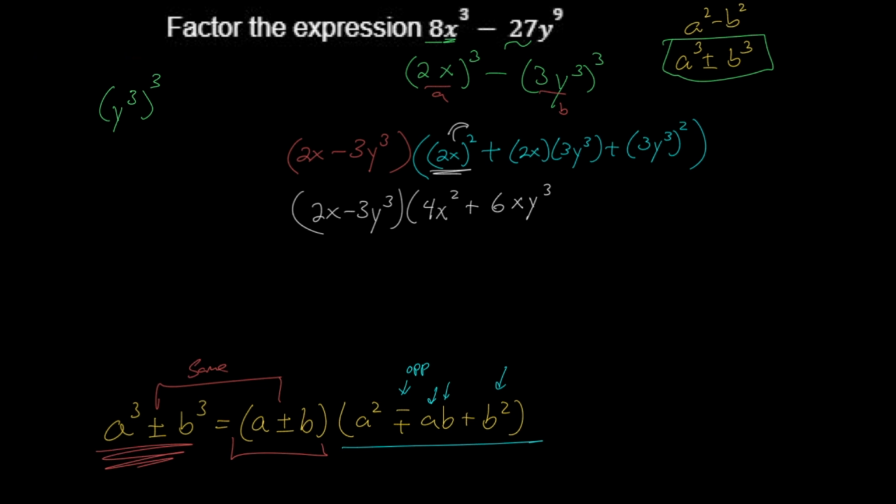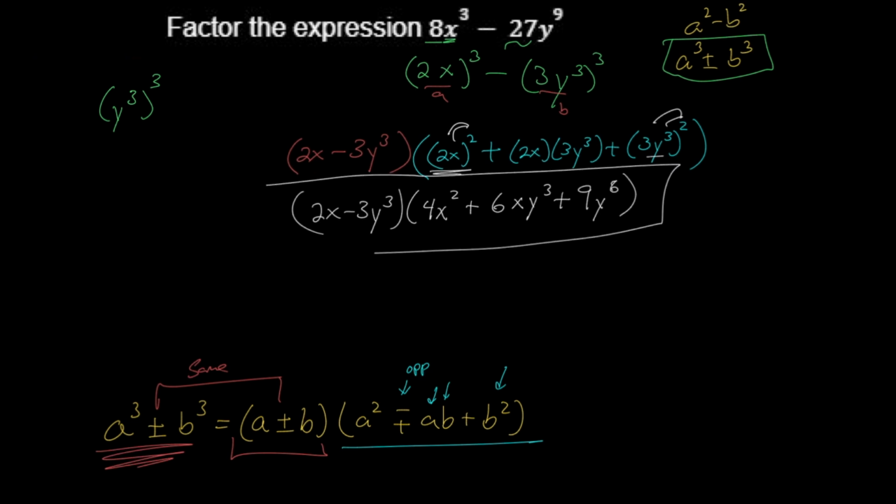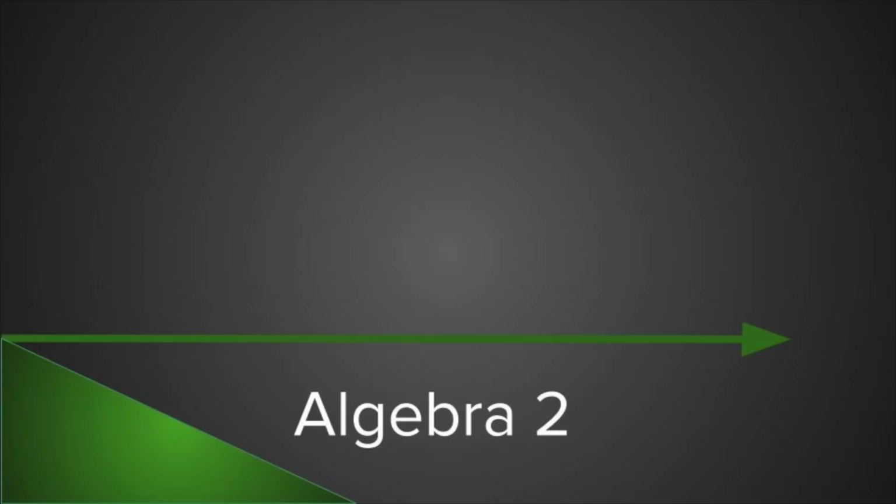And then in the third term, again, we have the power of a product, so we need to give the exponent to each base. 3 squared is 9, and then y to the third raised to the second, power to the power, we multiply the exponents, giving us y to the 6th. And there we have it, our factored form.